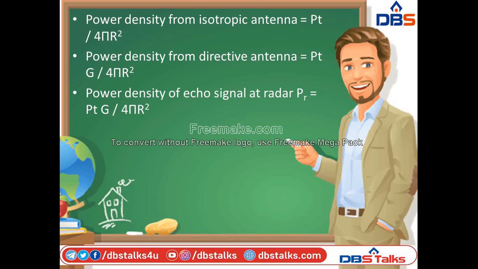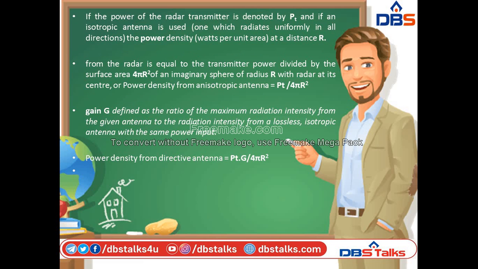And the power density of the received echo signal is given by PT GT by 4 pi r square. If the power of the radar transmitter is denoted by PT and an isotropic antenna is used, that means one which radiates uniformly in all directions.